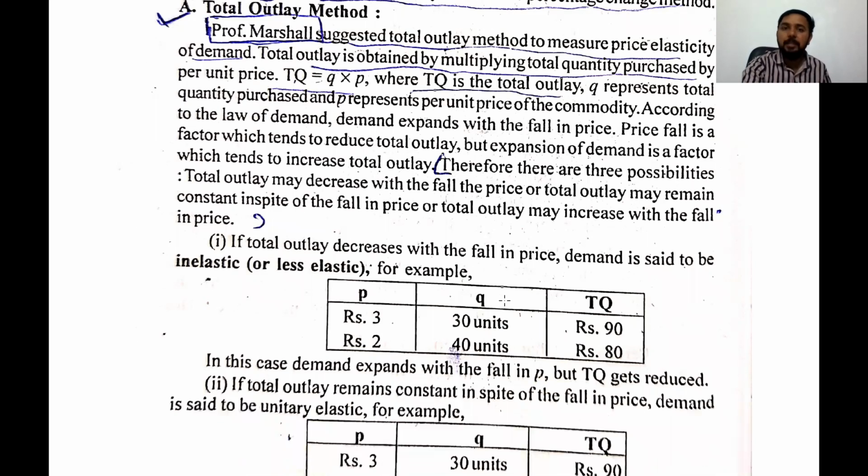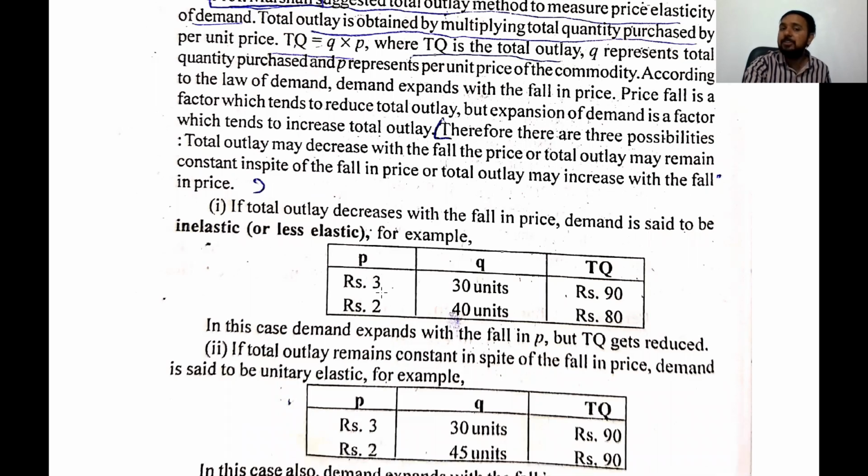So guys, here we are given the example. Let's see, if total outlay decreases with the fall in price, demand is said to be inelastic or less elastic. For example, here the price of the product is rupees 3 and the quantity demanded is 30 units. Then total outlay is rupees 90. Before, the price was 3 rupees, but now the price decreases and comes to rupees 2.